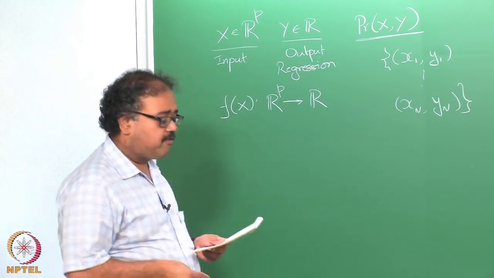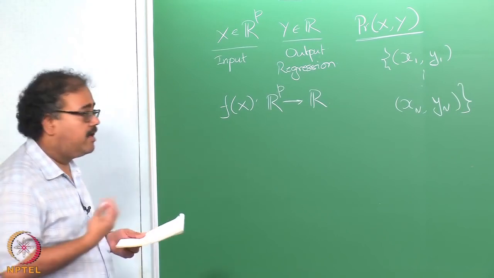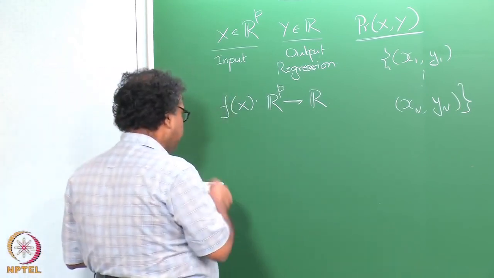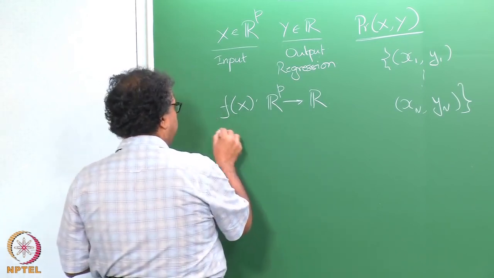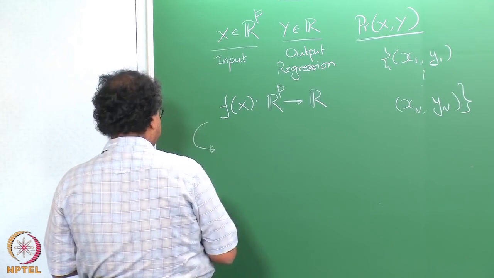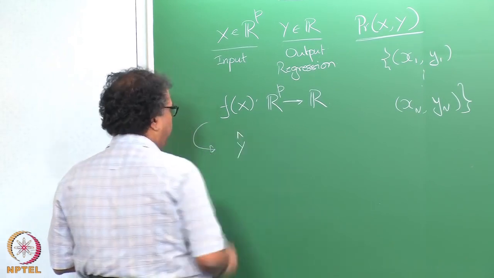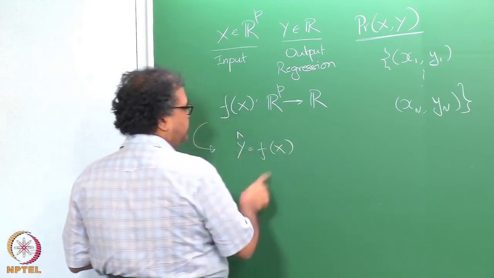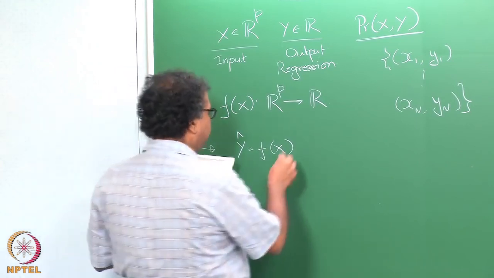The f could take different forms. We looked at f being a straight line in the example that we saw earlier. So one example of f would be to predict y hat equal to f of x: given an x, I am going to predict a label y hat.